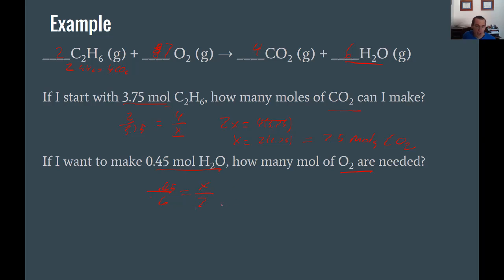So same kind of thing. Now I have 6x equals 7 times 0.45, and I can divide both sides by 6 and get x equals 7 times 0.45 divided by 6, which is 0.525 moles O2.